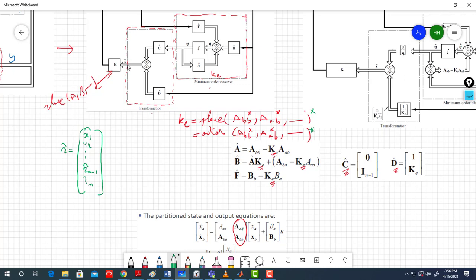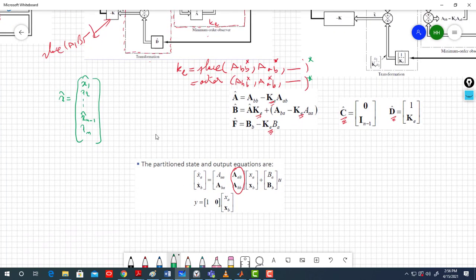So the zeta tilde is the observed state, but when you go here with the transformation, you will end up having all the states, including the observed and the measured states, both. So then, let me divide my dynamics into two, in which I put in one part the measurable states and in another part the unmeasurable or unavailable states. That's what we are doing here, okay?